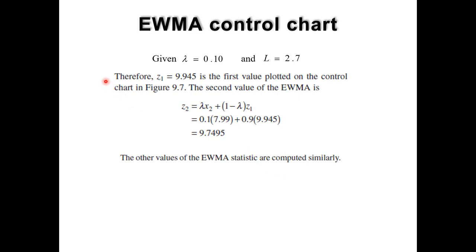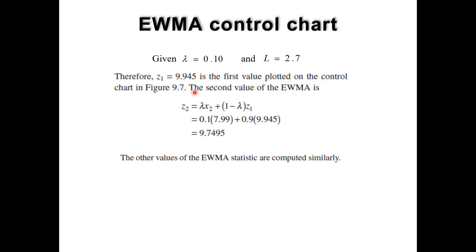So now we have the value of the EWMA statistic z1 equals 9.945, as the first value plotted on the EWMA control chart.